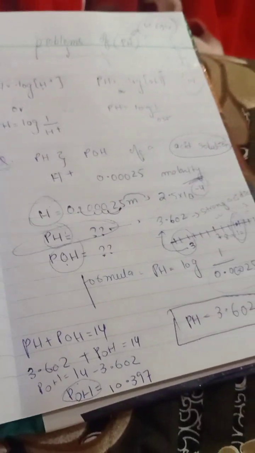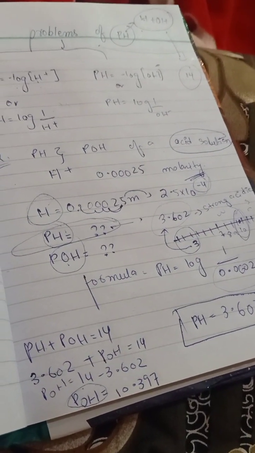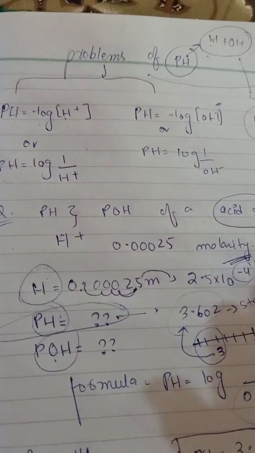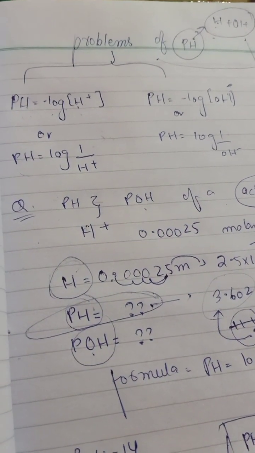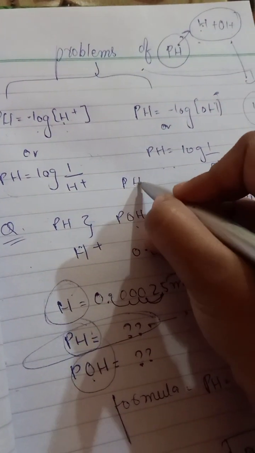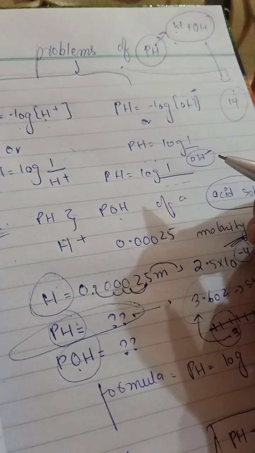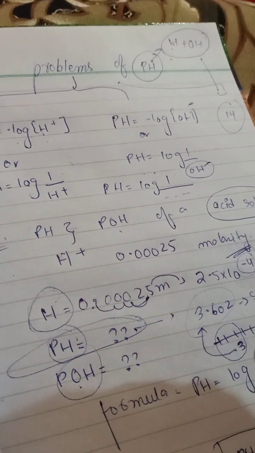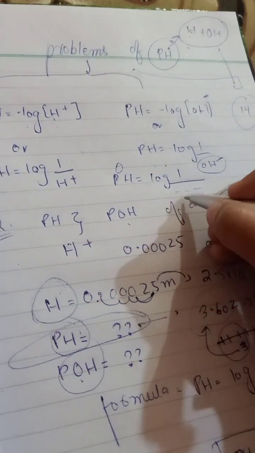Through this we can find out the problems. If we have to find the concentration of the pOH, we can also write pOH is equal to log 1 upon the value of OH, through which we can get the pOH ions.